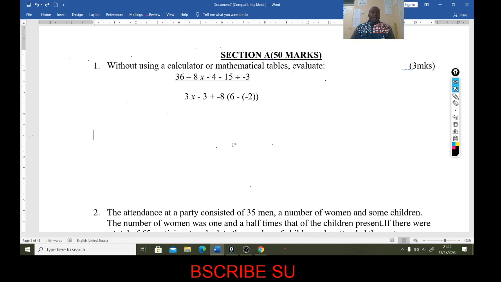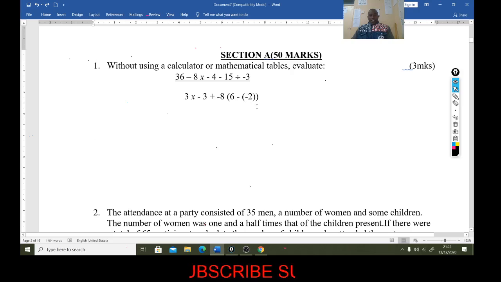Question number 1: without using a calculator or mathematical tables, evaluate 36 minus 8 times minus 4 minus 15 divided by minus 3, all over 3 times negative 3 plus negative 8 into bracket 6 minus negative 2, close the bracket.